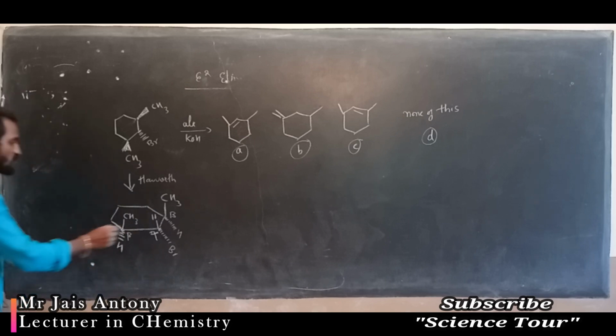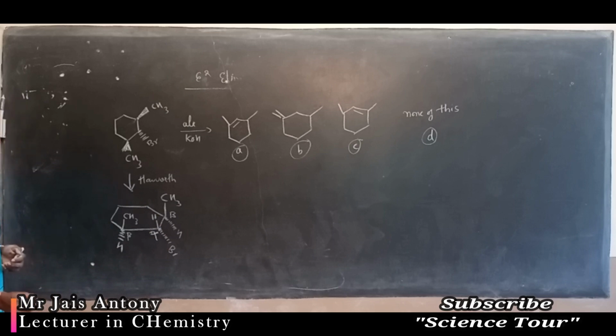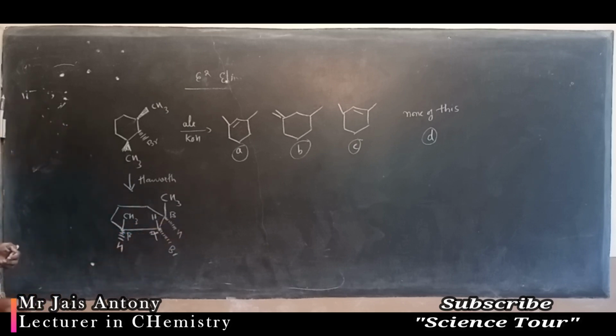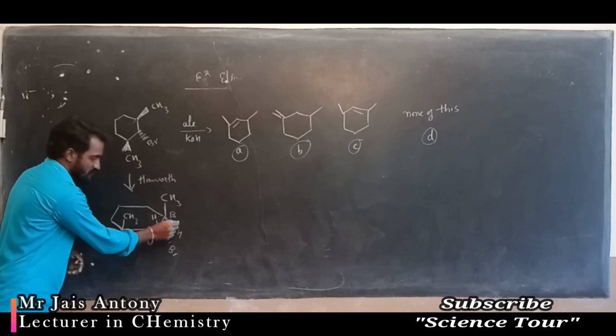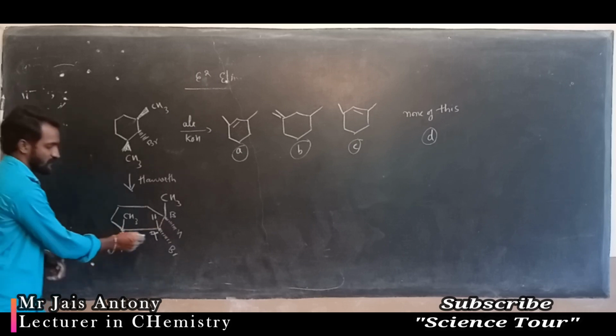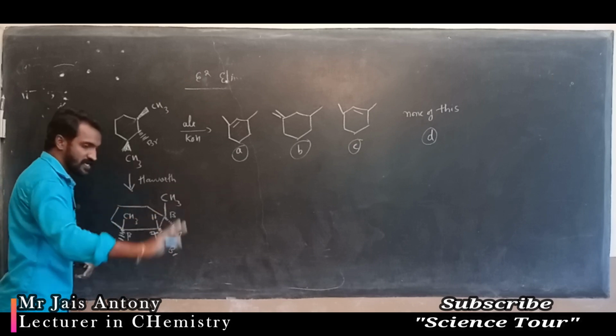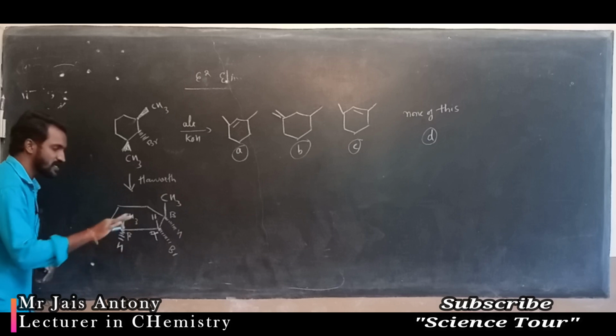You can remove hydrogen from this beta or from this beta, no problem. But look at this structure: Br is downward, and the beta H is also downward. Here also the beta H is downward.